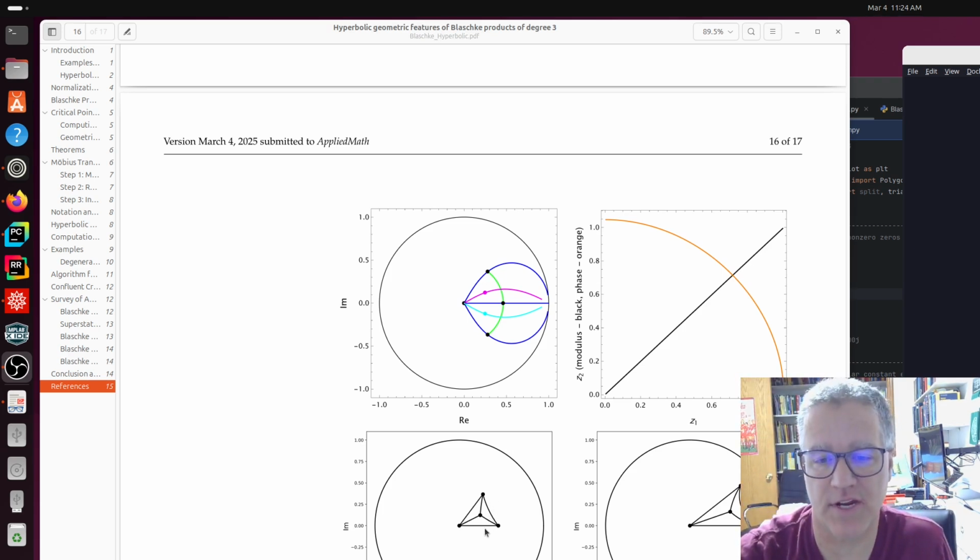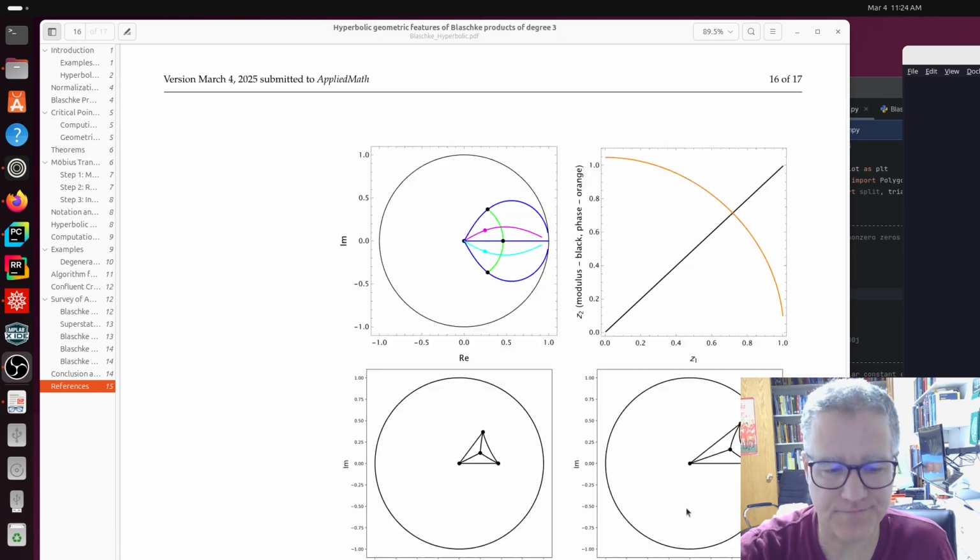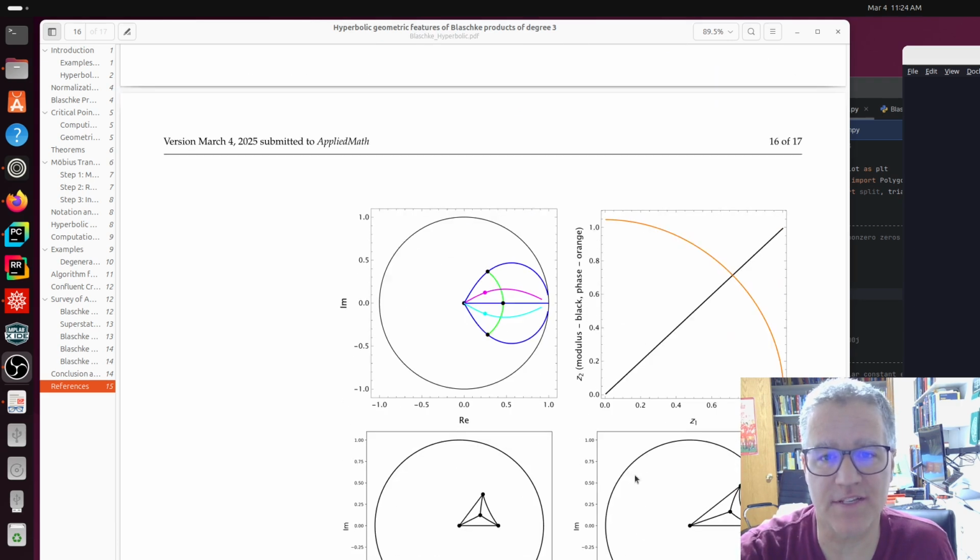So they're hyperbolic triangles, and this is true no matter where you go. Now, I haven't proven that, but I've sort of shown it numerically that these are congruent triangles. Although they don't look it, it's hard to see these. It's hard to make sense of these hyperbolic triangles. These are all congruent hyperbolic triangles. And so that's kind of a neat aspect of this.